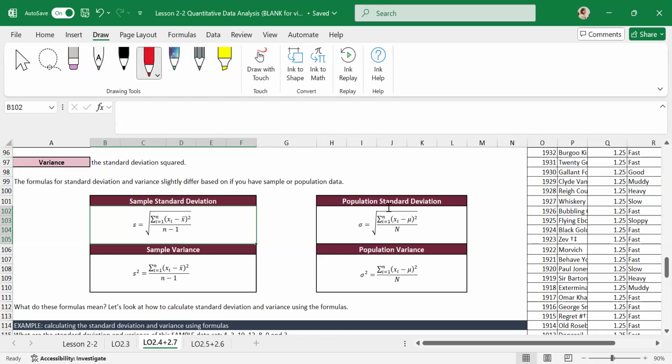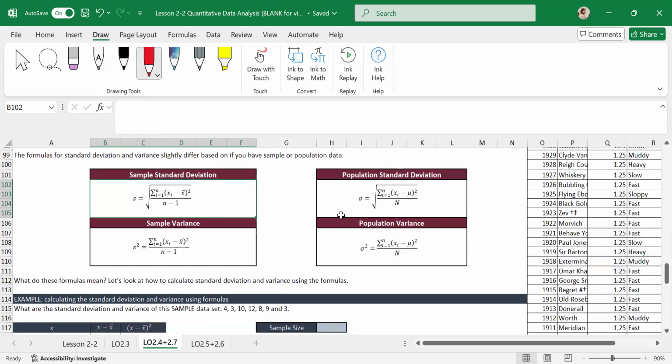For the population standard deviation, you have almost the same formula, except you use the mu symbol for the mean. And the big change is that instead of dividing by n minus 1, you just divide by n, the total number of data values. The reason that you can do that is because when you have all the values in a data set, you actually have slightly more precision, or what's called more degrees of freedom in the analysis of statistics.